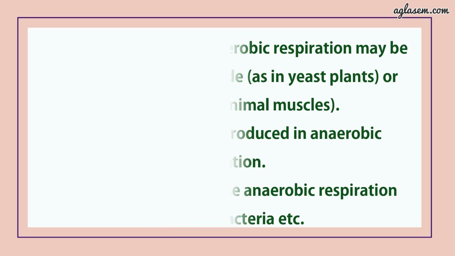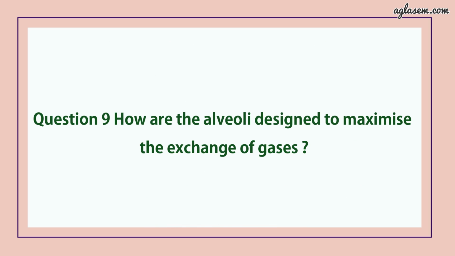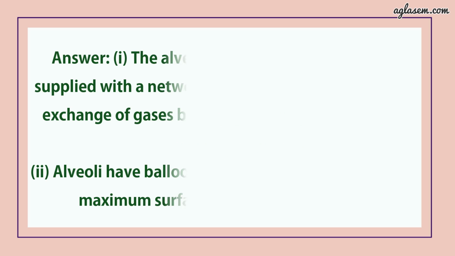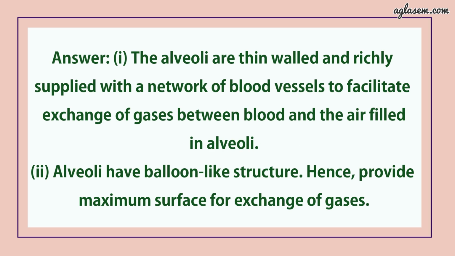Further, question number 9 says, how are the alveoli designed to maximize the exchange of gases? First point is, the alveoli are thin-walled and richly supplied with a network of blood vessels to facilitate exchange of gases between blood and the air filled in alveoli. Second, they have a balloon-like structure, hence provide maximum surface for exchange of gases.